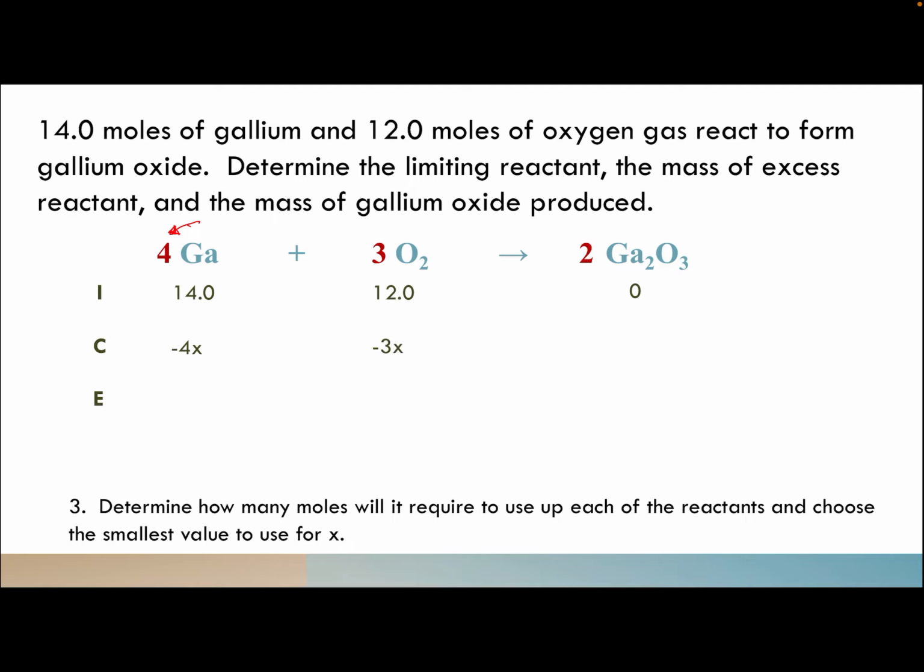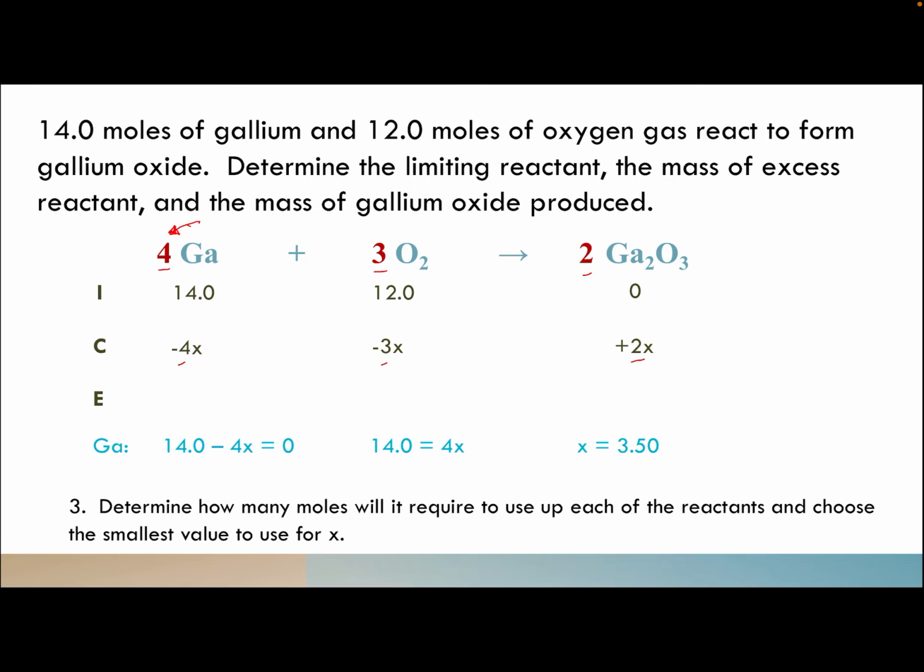And then for here, we put a minus 3x. Again, both of these are negative because they are going to be used up. And then we're just using their coefficients in front of x. And then on the product side, we're putting a positive sign because we're forming that in the reaction. And again, we're carrying that coefficient down.